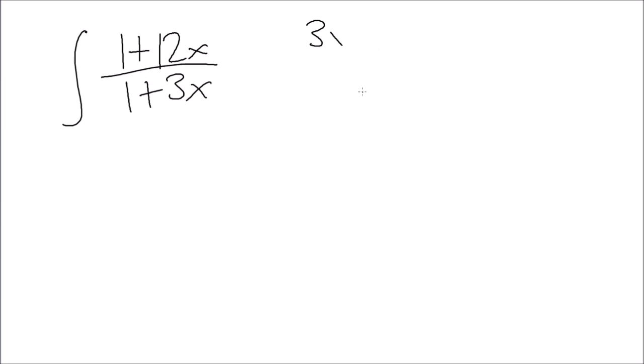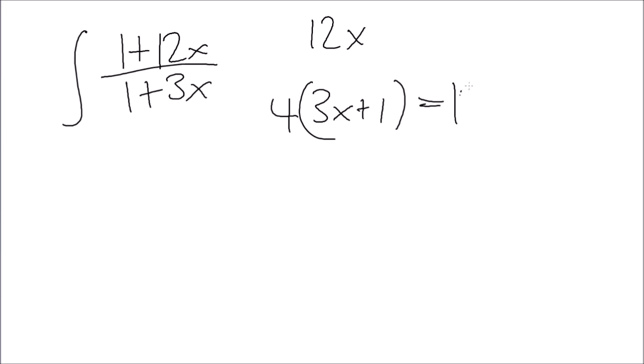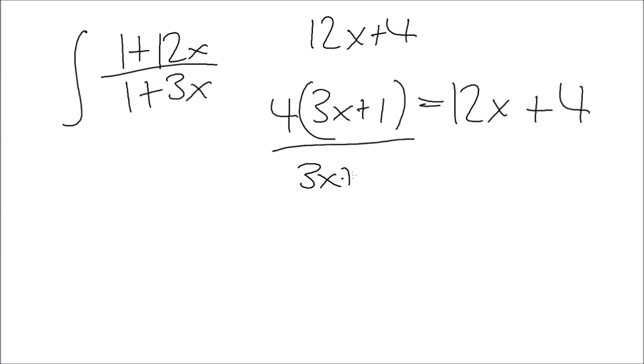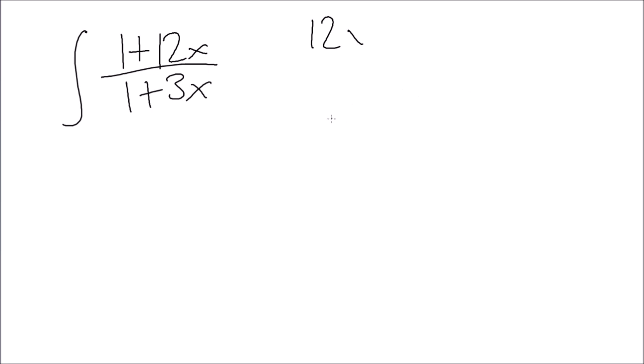We have 12x. Notice that when we have 3x plus 1, and we multiply it by 4, we get 12x plus 4. So I would like a plus 4 so that this cancels out, and then we're left with the 4, right? So let's add a 4. Plus 4 minus 4.